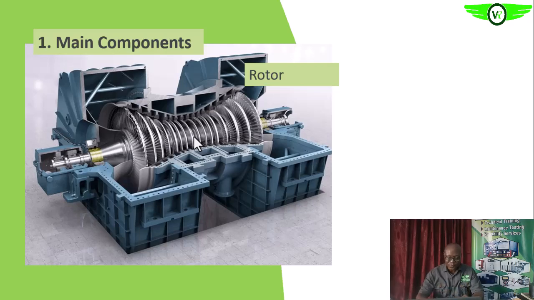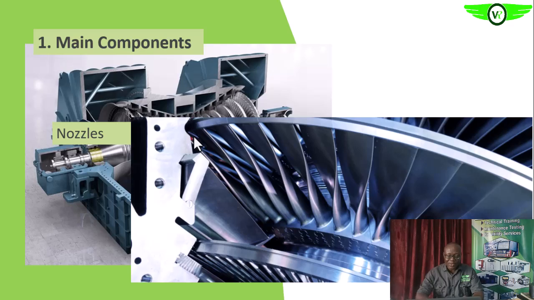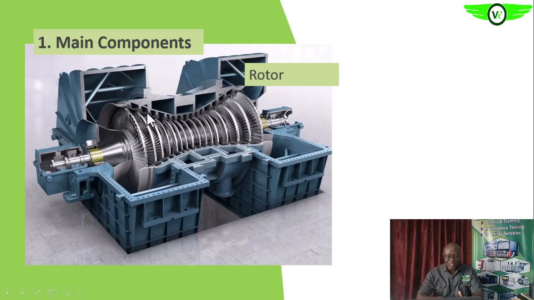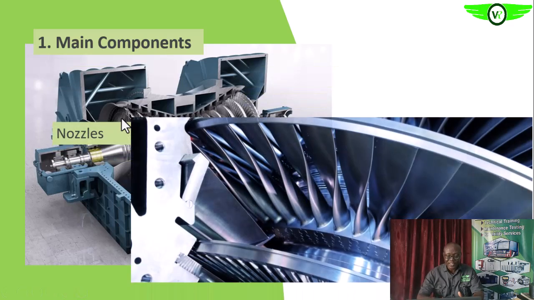Like we said earlier, there are other components on both the stator and the rotor, as we saw in the earlier diagram. On the stator we have blades, and on the rotor too we have blades. On the stator, the first set of blades before you go into the turbine proper is called the nozzle.